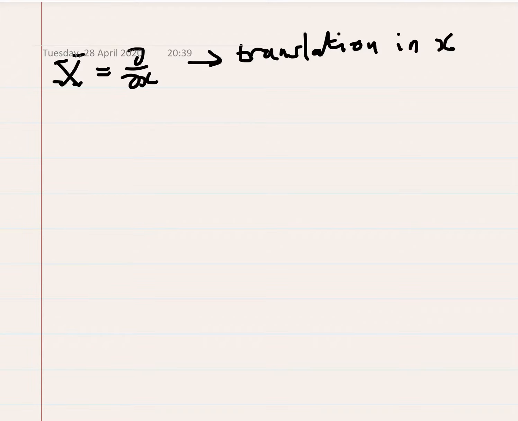As a one parameter Lie group of transformations, here your x bar will be x plus your parameter, and the y bar remains y. Remember, x bar and y bar come from g star on xy.